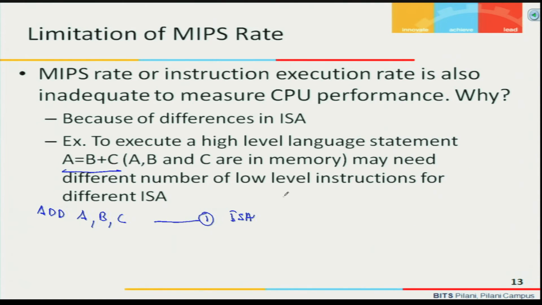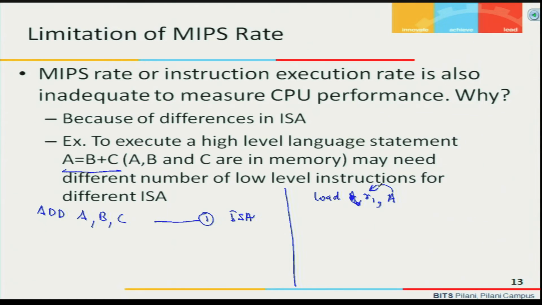Now, another ISA executes this A equals B plus C at the lower level like that: load A comma R1 comma. A is the source and R1 is the destination, R1 is a register, A is a memory location.